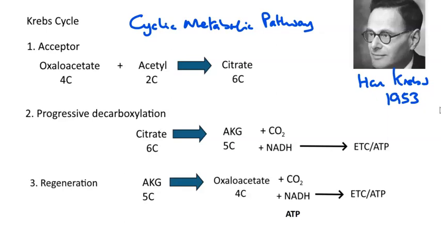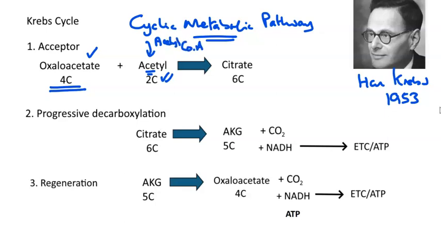Like any cyclic metabolic pathway, there is an acceptor molecule, and this is the 4-carbon oxaloacetate, the name of which you do need to know for the exam. And this picks up the 2-carbon fragment called the acetyl group. Of course, this is delivered to the pathway as acetyl-CoA.